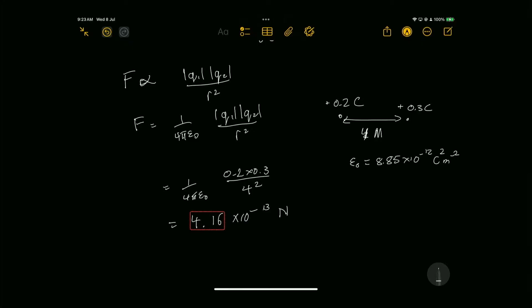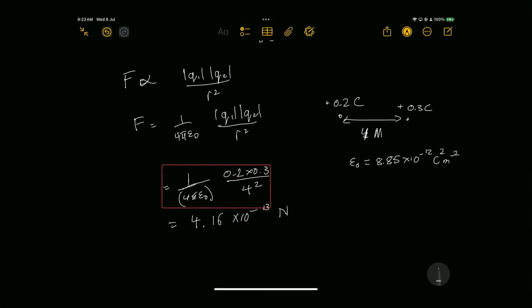It shouldn't be, remember epsilon naught is to the power of minus 12, right? And this is 1 divided by 4 pi epsilon naught. So when you're doing this, put this piece in brackets, 1 over that piece in brackets.